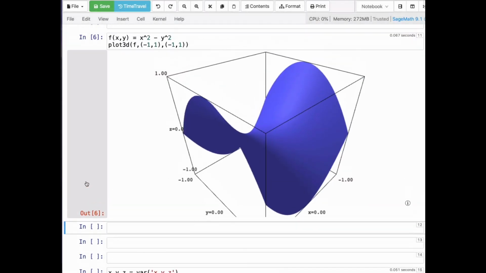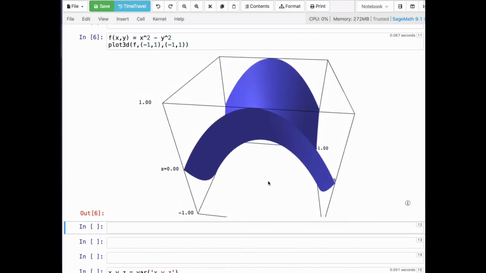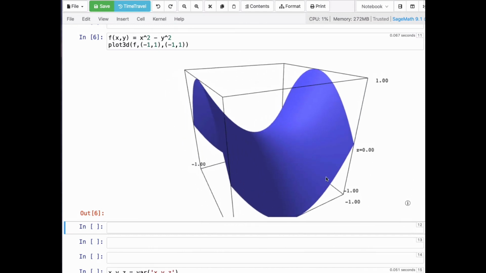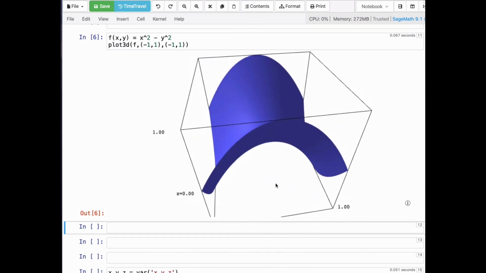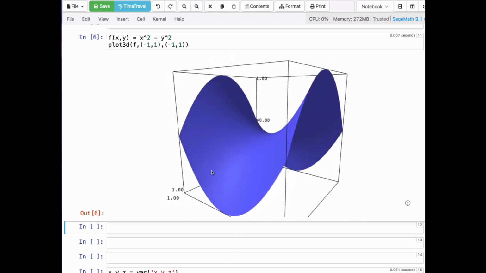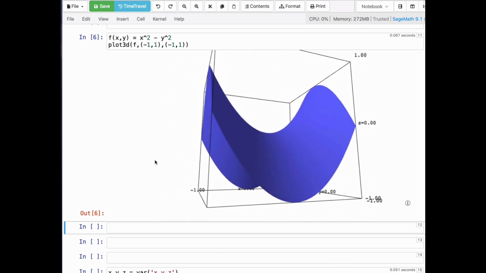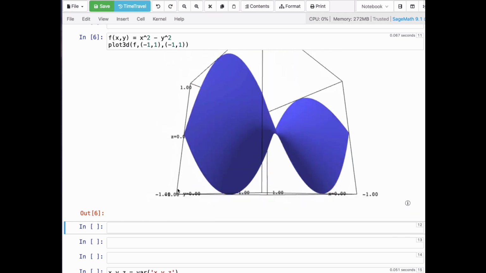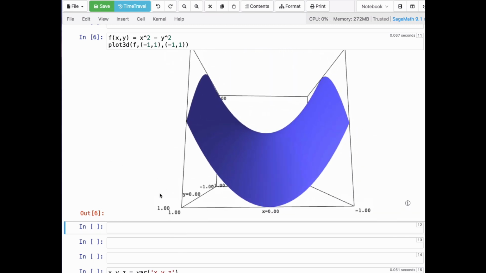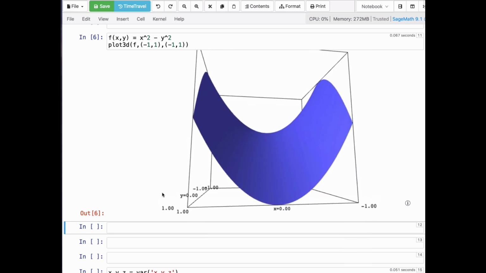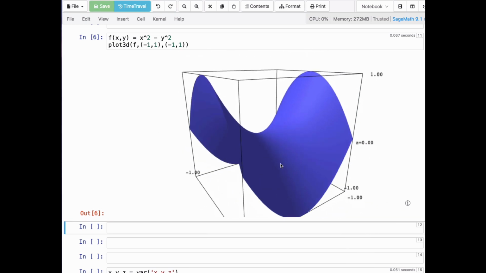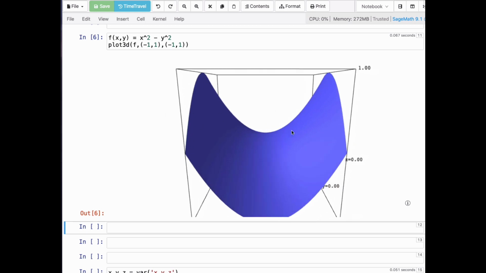And x squared minus y squared. So why does this look like this? Well, in the x direction, let's see, where's the x direction? We'll line this up. Here's where x is minus 1 and x is 1. So now this is the positive x direction.